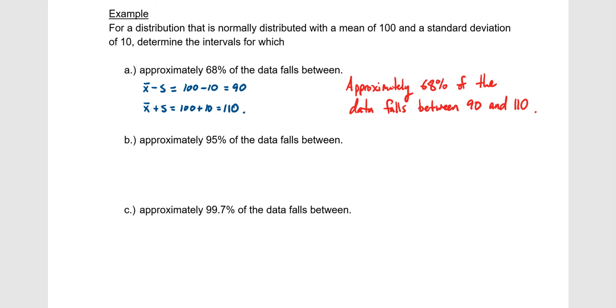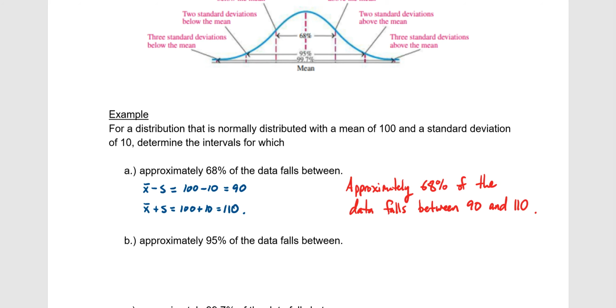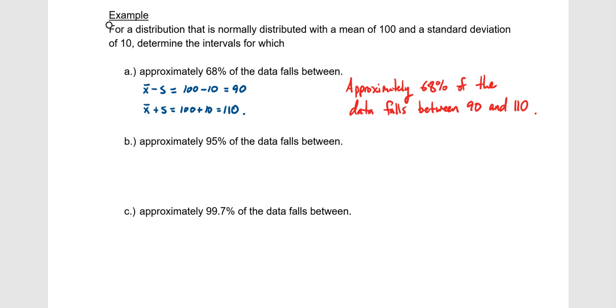And for B here, we want the interval for which approximately 95% of the data falls between. So that's going to be based on the empirical rule up here. That's going to be 2 standard deviations below and above the mean. So for this one, we can write it like this: x bar minus 2 times the standard deviation and x bar plus 2 times the standard deviation.